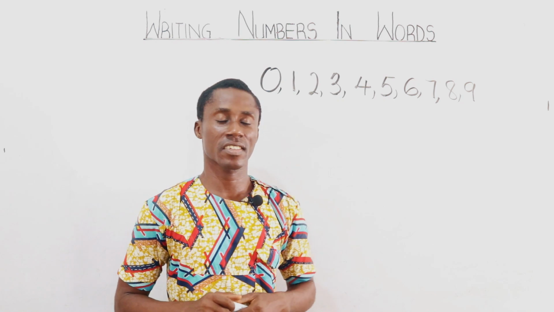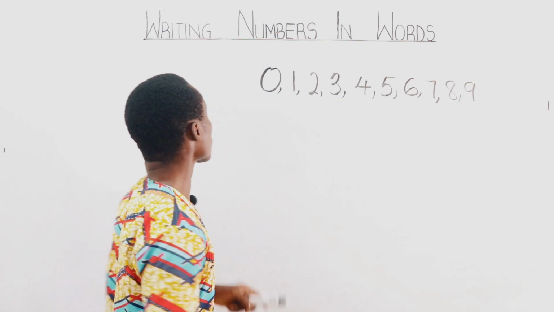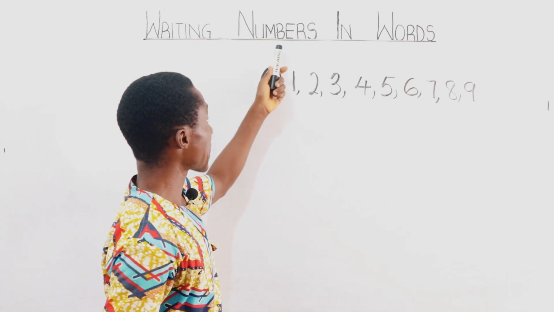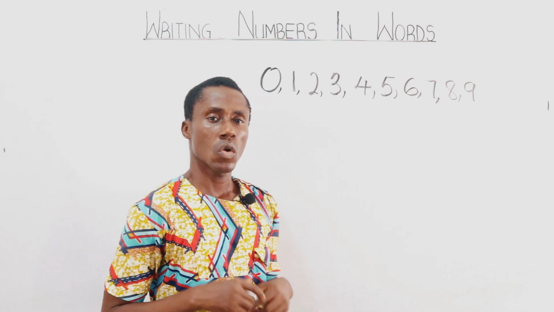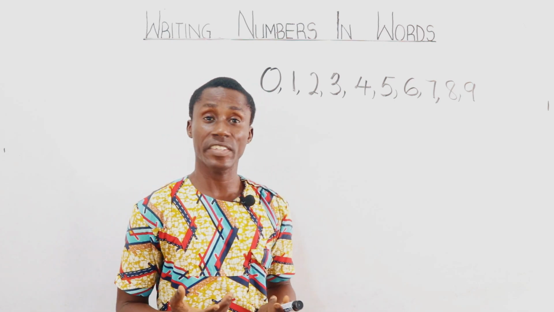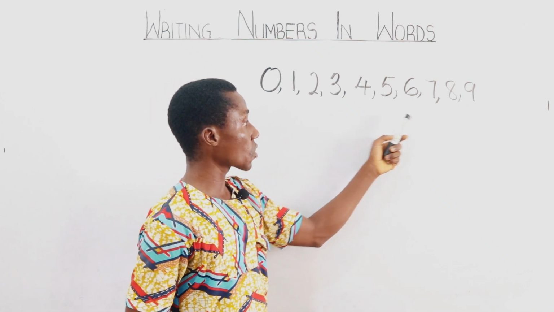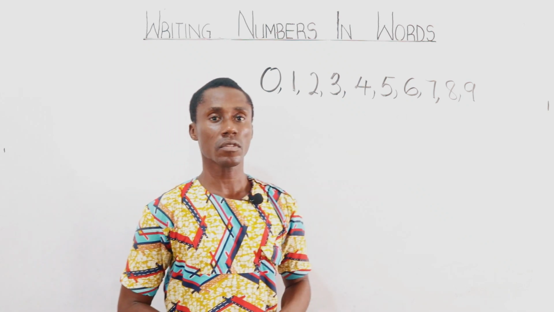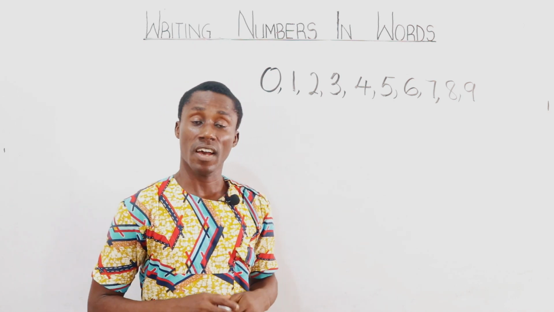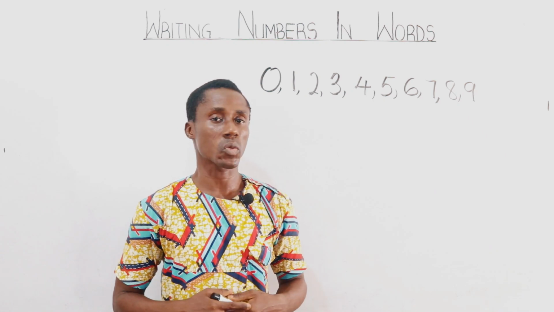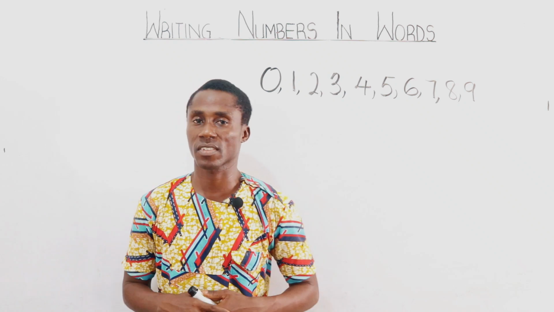In this class, we are going to learn about writing numbers in words. We normally write numbers using the following figures or symbols. Now, the following figures or symbols are called numerals. They are also called digits.